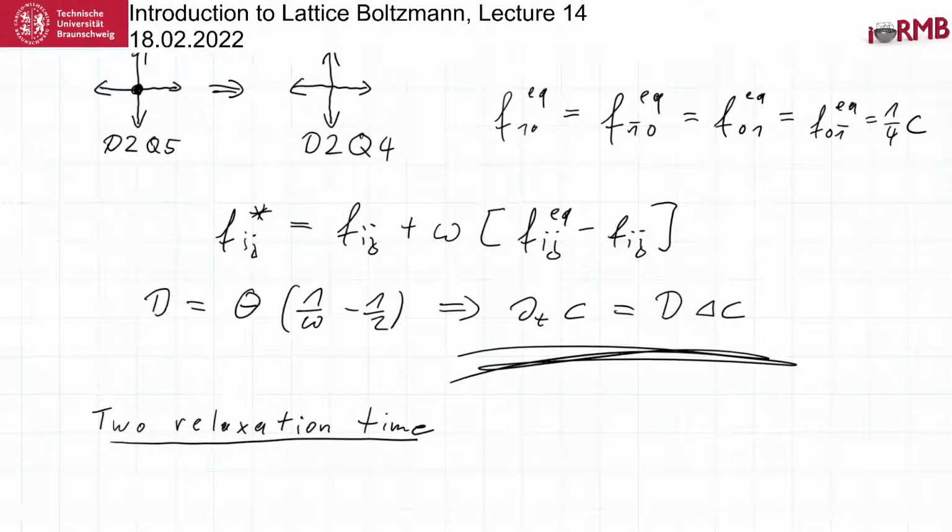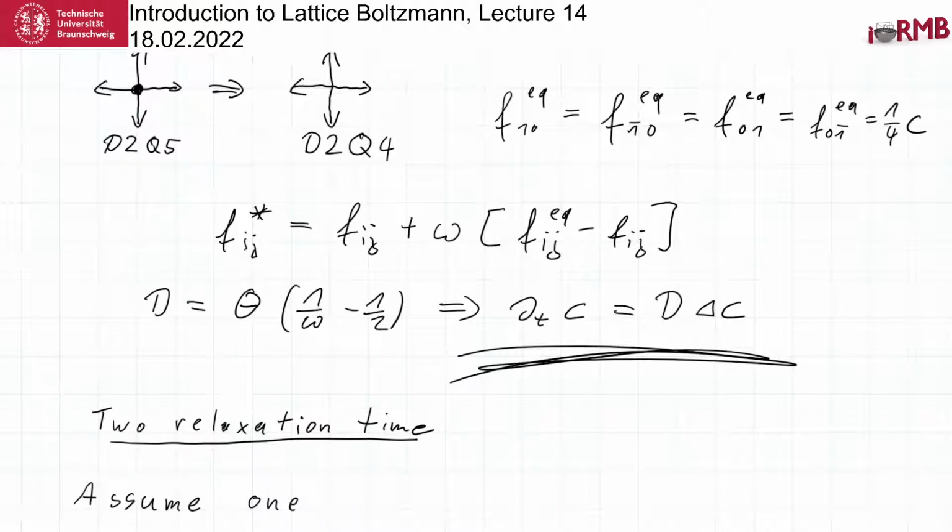Now we could have, of course, an MRT model where we put one relaxation time for each moment. However, we only have half an hour left, so we'll look at a much simpler problem where we have only two relaxation rates, namely one for the odd order moments and one for the even order moments.